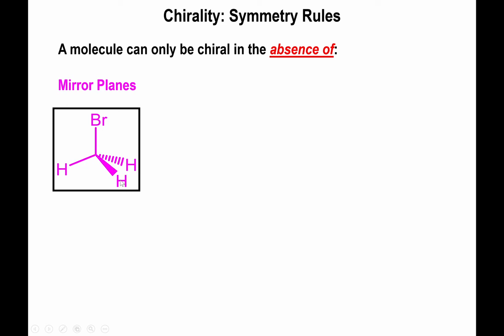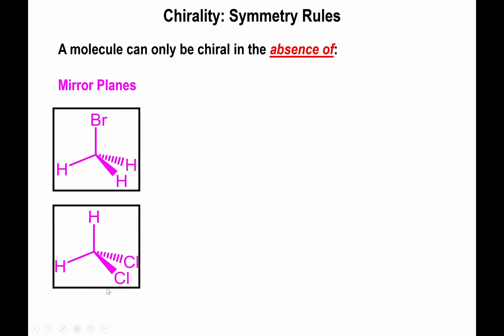The carbon-hydrogen bond here with the bond being bold is actually sticking out of this plane, and the dash bond is also sticking out of that plane. So the fact that you can draw this mirror plane and say, well, the hydrogen on the front is basically being mirrored on the hydrogen on the back, tells you that this molecule is not going to be chiral.